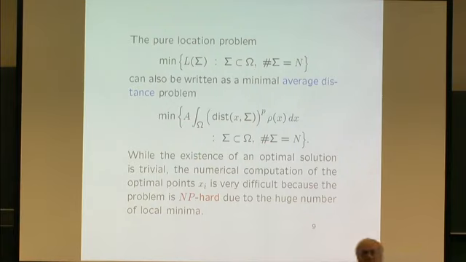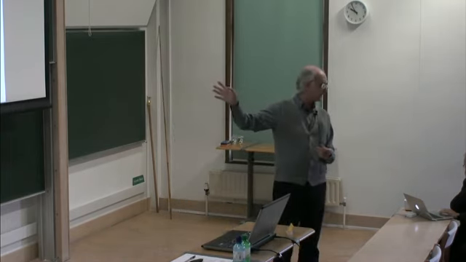So why is this problem so deep? Of course, if the number L is small, let's say 10 or 20, every computer can do it very quickly. But as soon as this number becomes moderate, of the order of 50 or 100, the problem is NP hard.